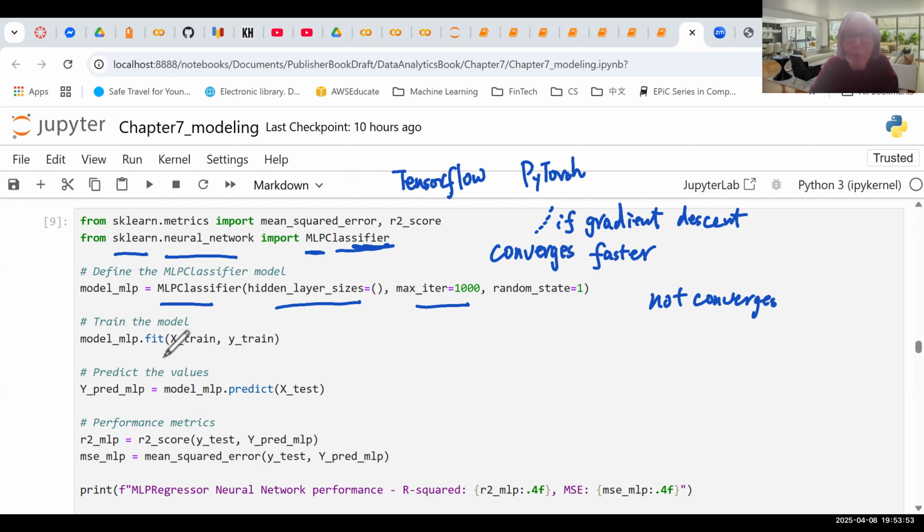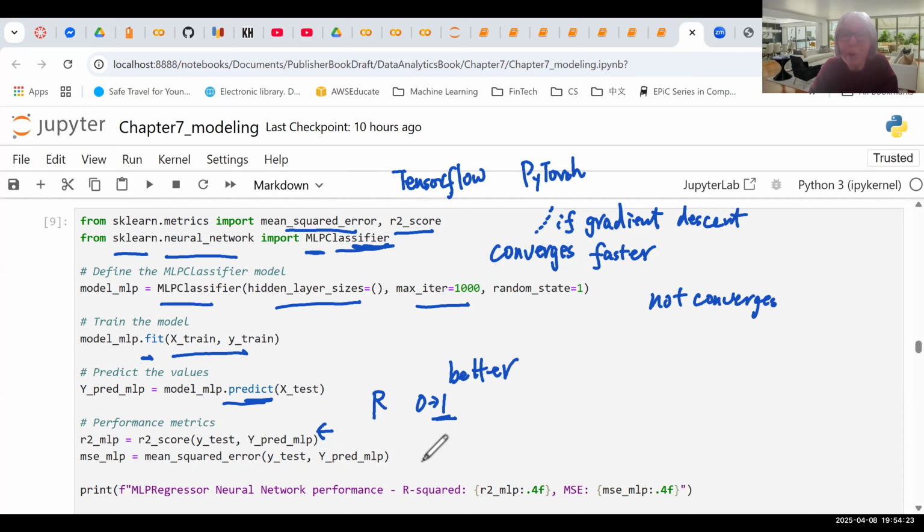After that, similar to the logistic regression concept, you train the model. After training the model, you can do the prediction. With the prediction, this time for measuring performance, you can also use the R2 score and mean square error. The R2 score, like the R value we learned previously, is between 0 and 1, and if it's close to 1, that means better.